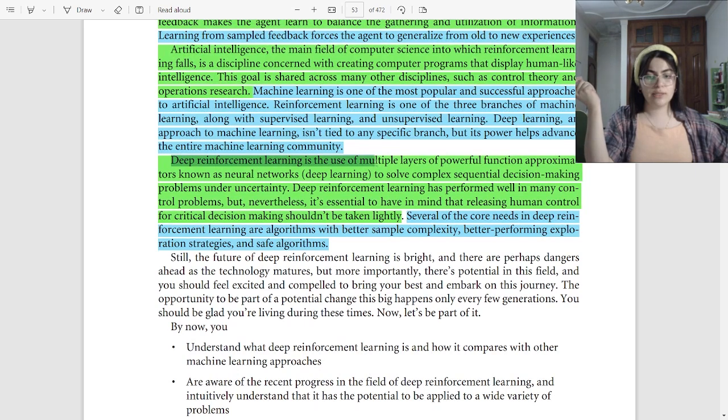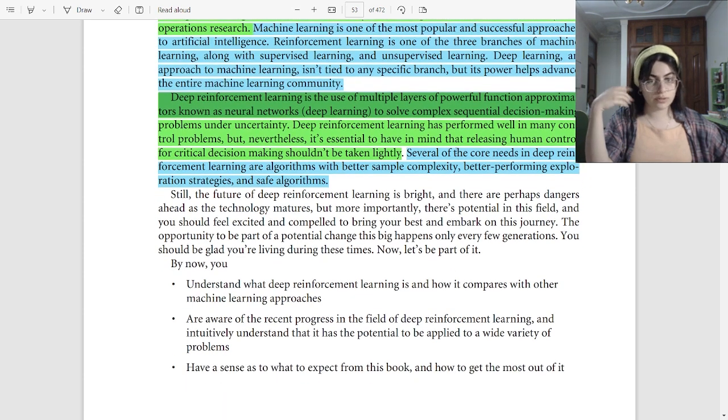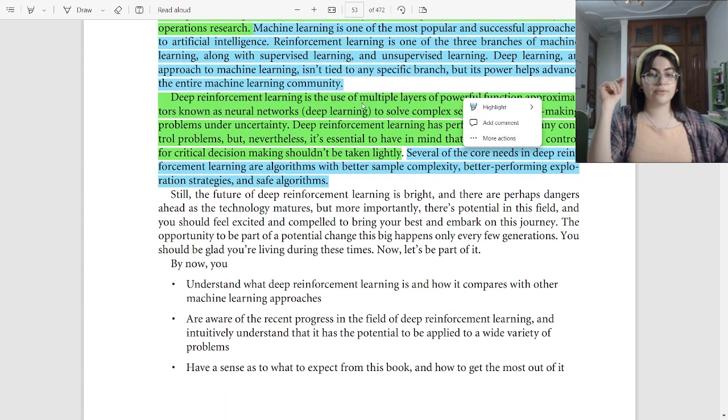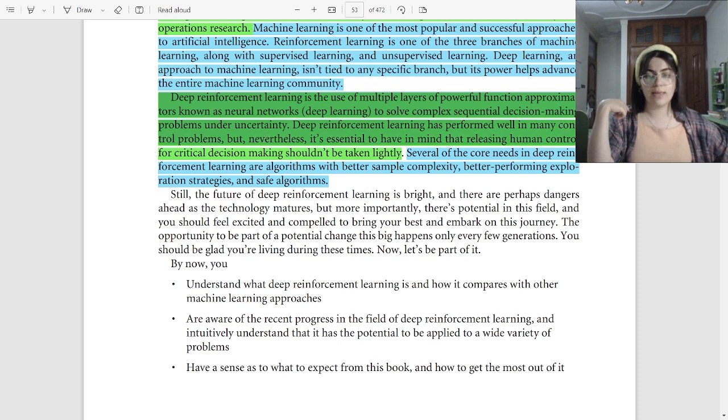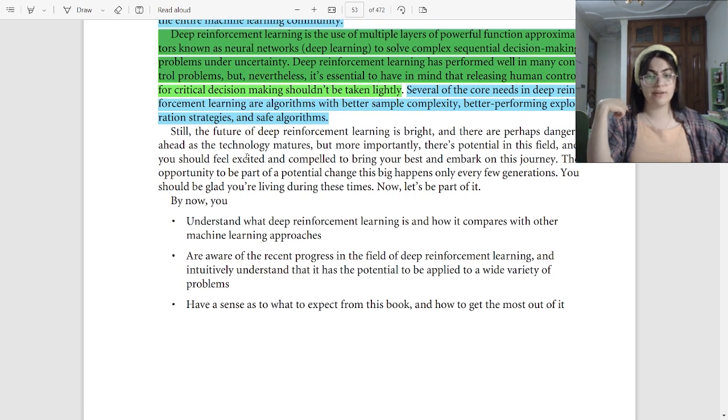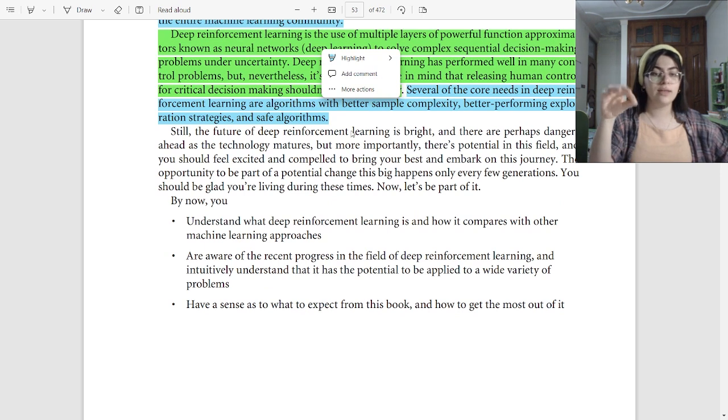And deep reinforcement learning is the use of multiple layers of powerful function approximators, known as neural networks or deep learning, to solve complex sequential decision-making problems under uncertainty. Deep reinforcement learning has performed well in many control problems, but it's essential to keep in mind that releasing human control for critical decision-making shouldn't be taken lightly.